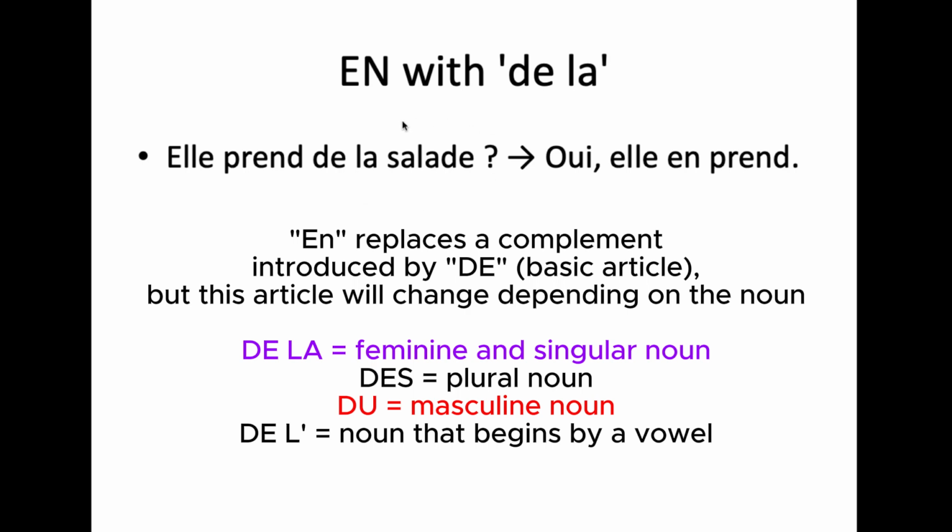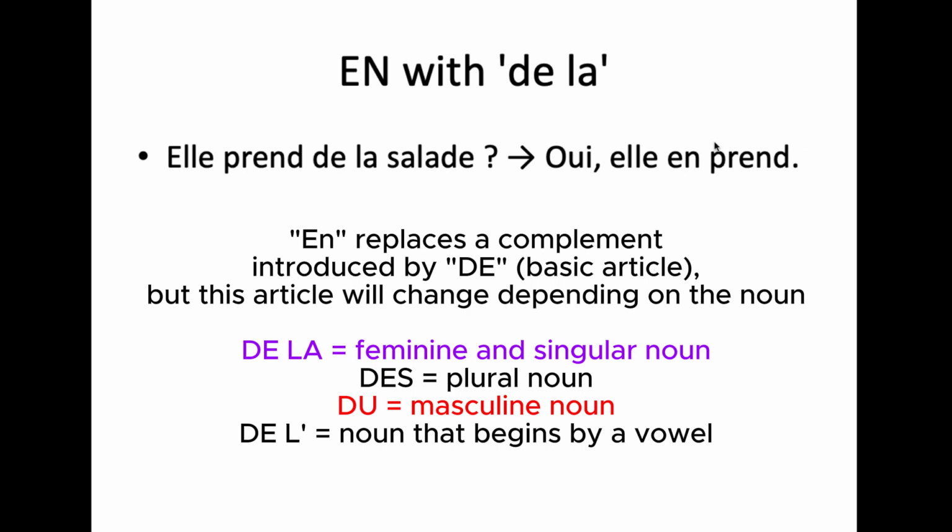So the complement right there can be replaced by the pronoun en. And it's as simple as that. Once you understood the use of en, it's very, very simple. So oui, elle en prend, and the position of the pronoun is always before the verb. Elle en prend. Yes, she takes.